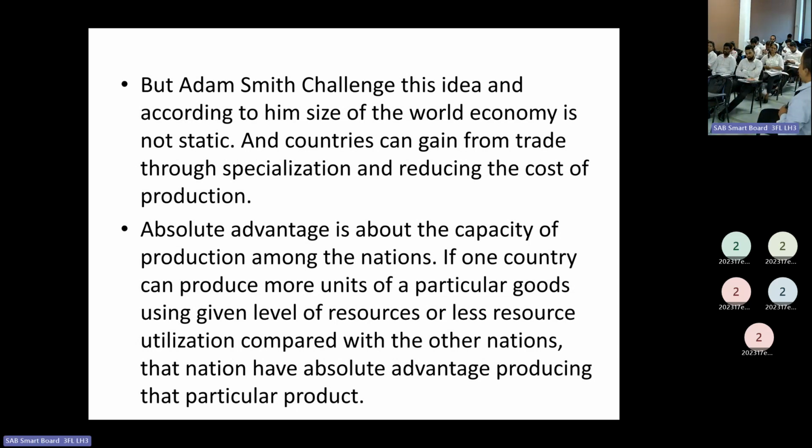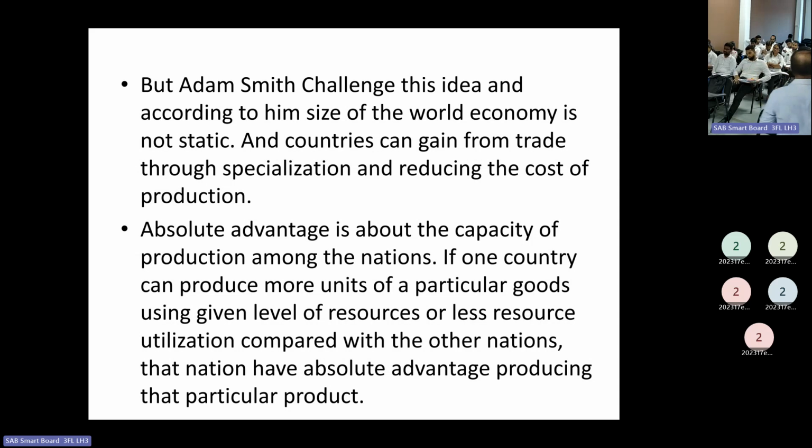If those nations can produce at a lower cost, they can generate surplus, and the surplus can be exchanged with other nations in order to import other goods and services. Thereby the countries can gain and all other countries can benefit. So that is the basic idea of absolute advantage. That mainly depends on the capacity of production.